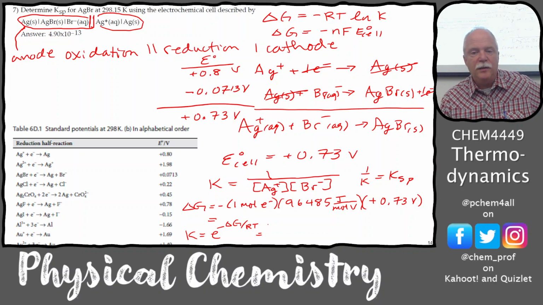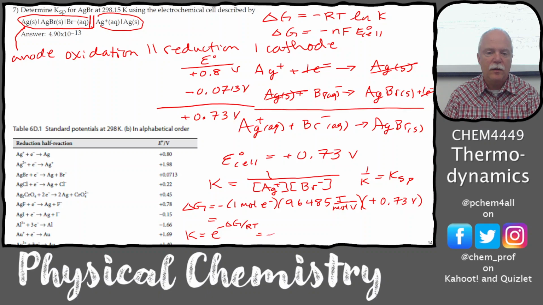So when you get your number for delta G, go ahead and give that to me. Negative 70,434.